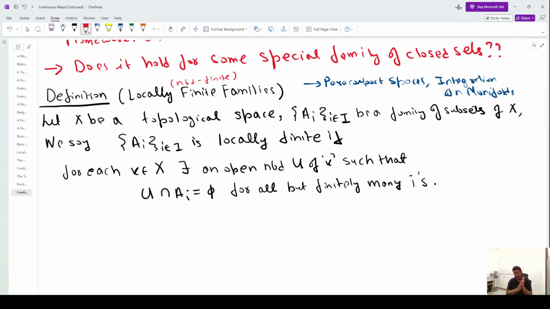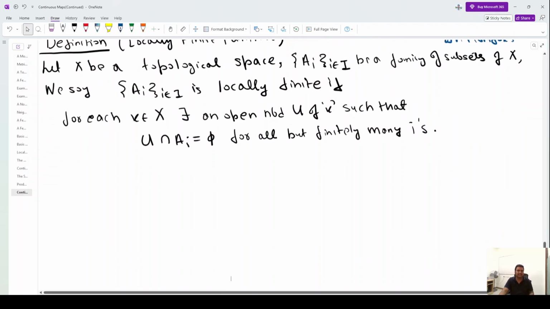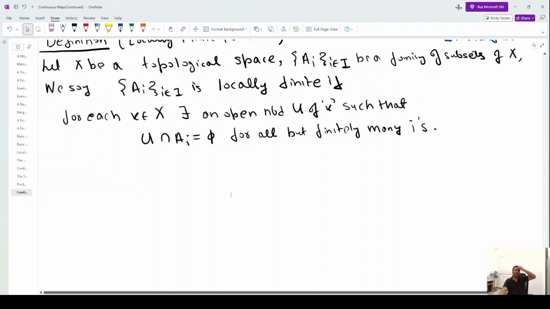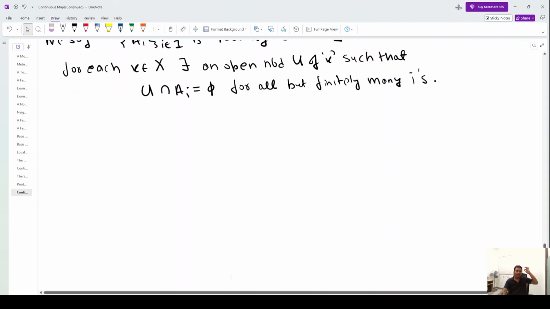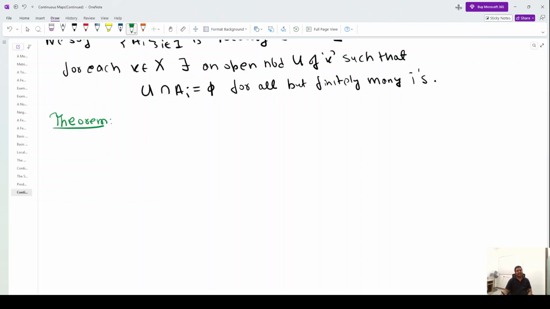So before answering the final question, does it hold for some special family of closed sets, let us have a result. This is another application of locally finite families, and you will encounter this again and again when you study differential geometry, topology, or calculus on manifolds, whenever you deal with integration.